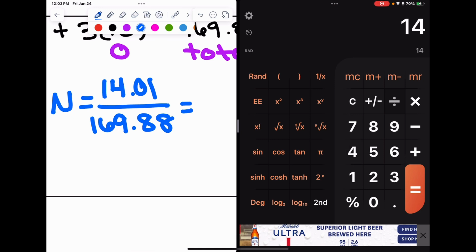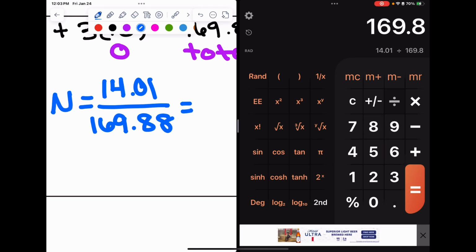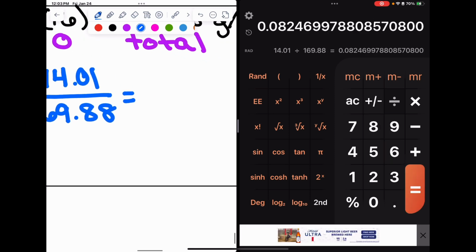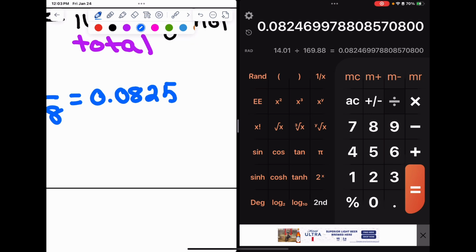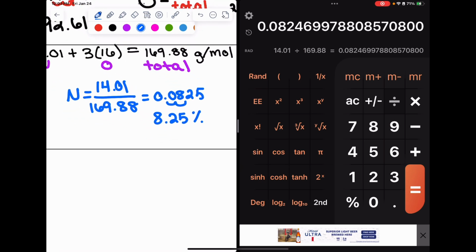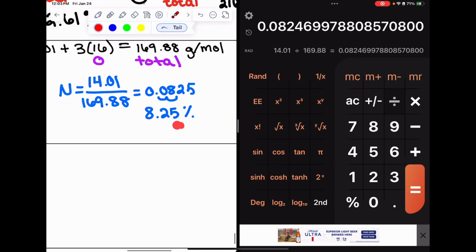So clearing this out, 14.01 divided by 169.88, we get 0.0825. And if you move your decimal over twice, you get 8.25%. And that's for nitrogen, N.